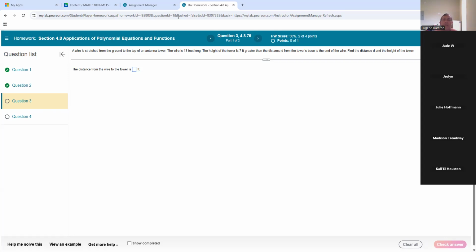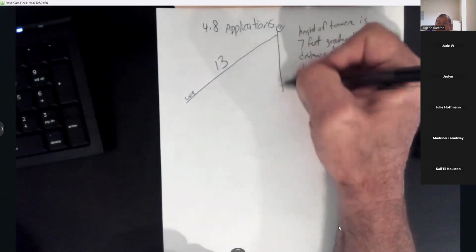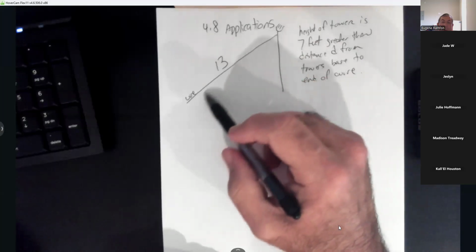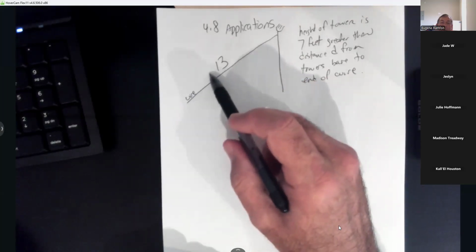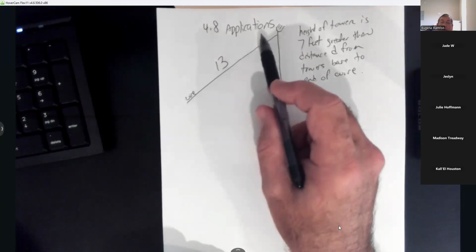Okay, so let's go play with this one as a picture. So here's this antenna tower over here, and here's this wire. Now the wire is 13 feet long, I know that.